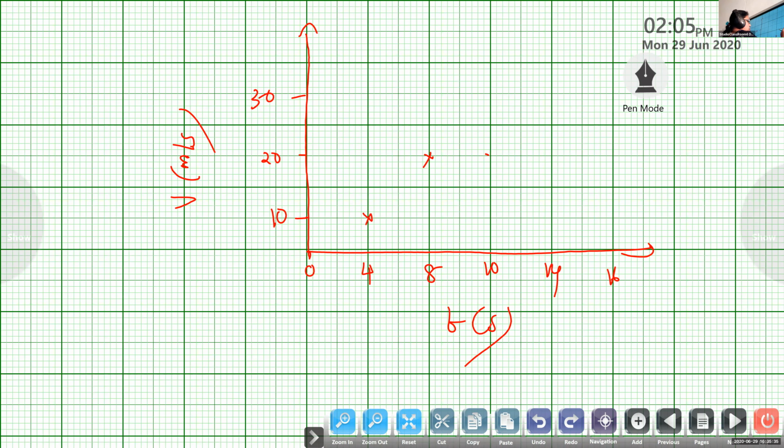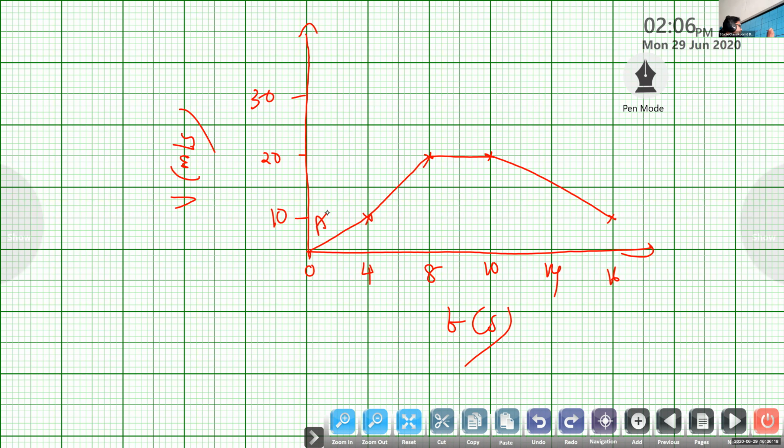Then 10 and 20. Then let us have 10 and 16. So this is a non-uniform motion graph.